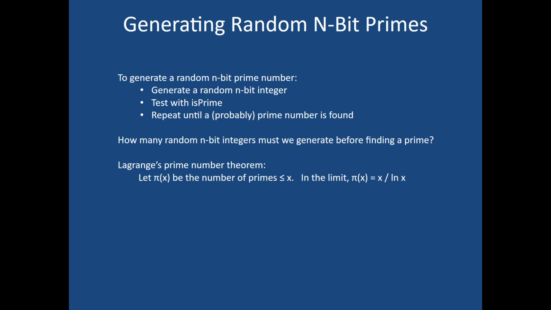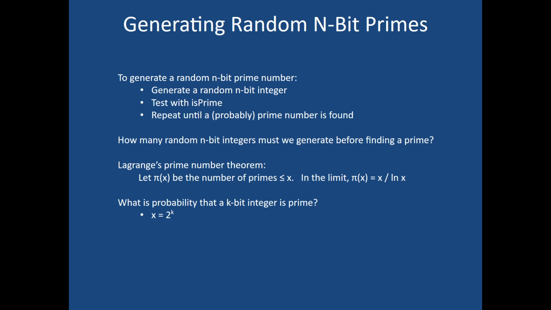But anyway, that gives us a way of estimating the probability that a number is prime. So here's how I'm going to do it. I'm going to let x be 2 to the k. Why am I picking 2 to the k? If k is 3, that would be 8. Because that's how k-bit integers work.